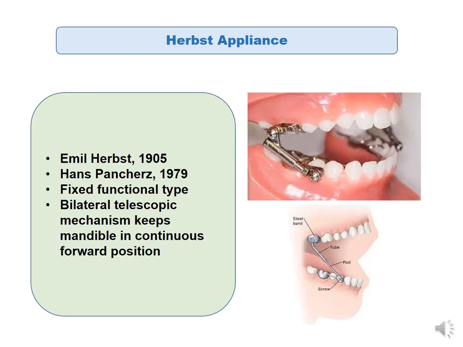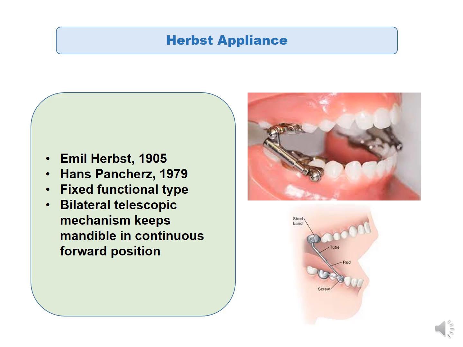Now, the Herbst appliance was initially introduced by Emil Herbst in 1905, and then it was forgotten and reintroduced by Pancherz in 1979. It is a fixed type of functional appliance.